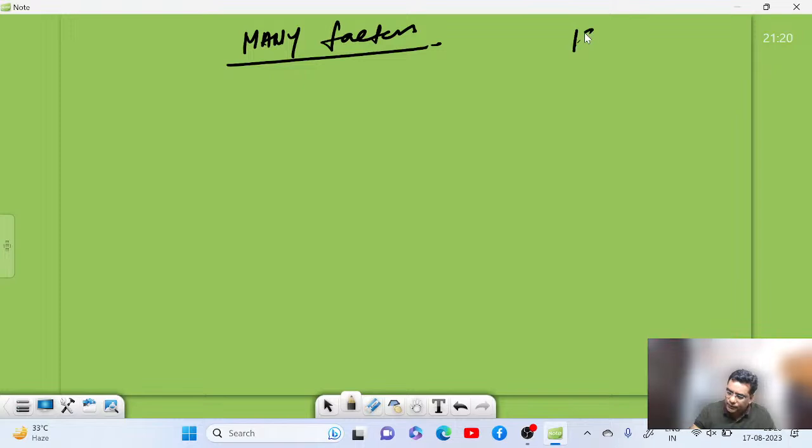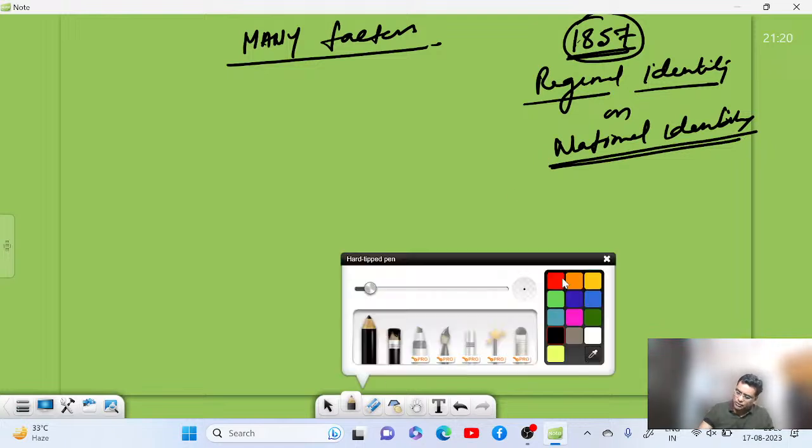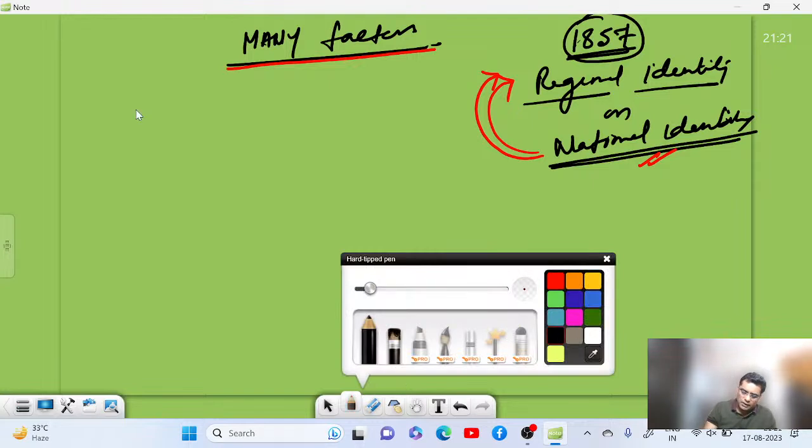If you look at the political configuration of India during 1857, regional identity was more dominant than national identity. But after 1857, things got reversed, and national identity gradually overshadowed regional identity.